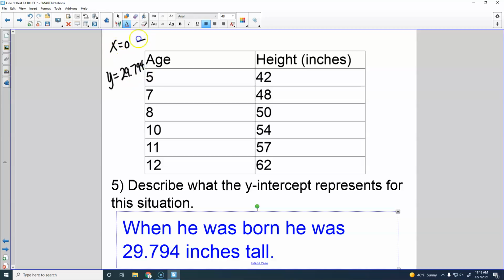And x in this case is age, and y is height. So it's not a rate. You don't say he's growing or increasing or for every. You just say when his age was 0, then his height was 29.794.